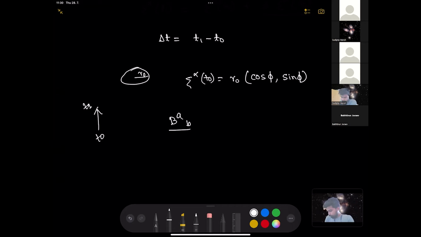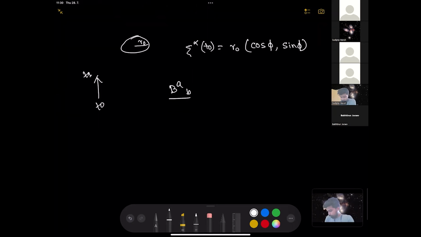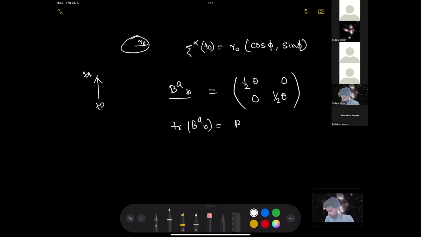Let's say B is an identity matrix, so B alpha beta can be written as an identity with some constant multiplied. We can say that the trace of B alpha beta, that is B alpha alpha, is theta.